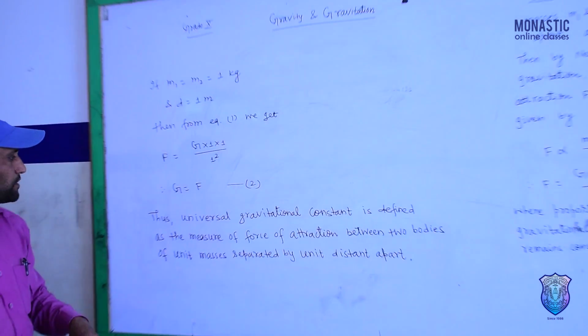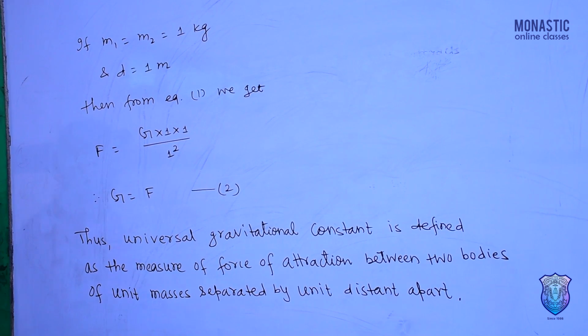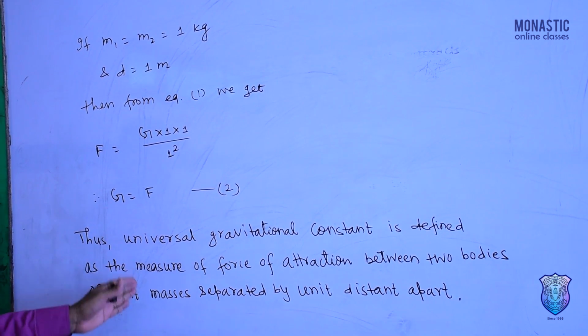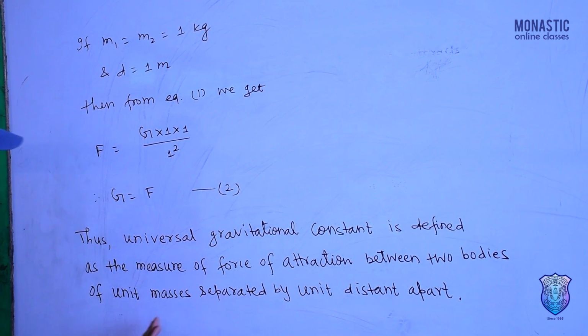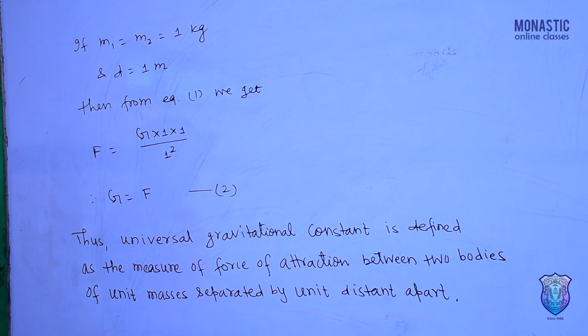Students, in this way also you can define the universal gravitational constant. The question may ask, what is the universal gravitational constant? You can define it as the measure of force of attraction between two bodies of unit masses separated by unit distance apart.